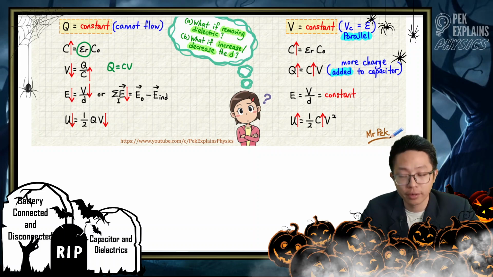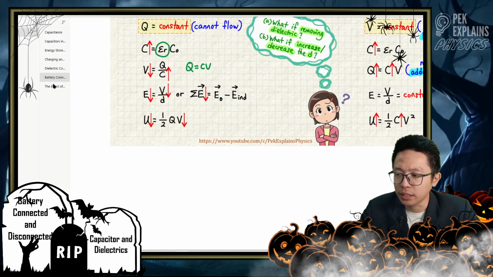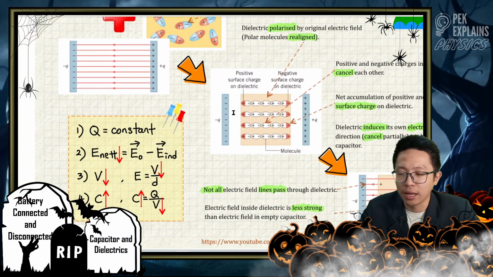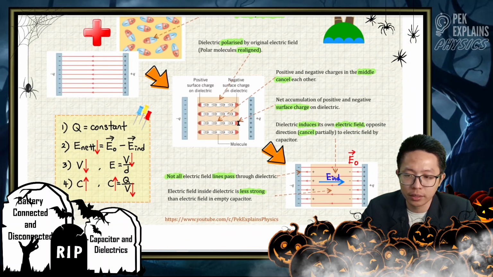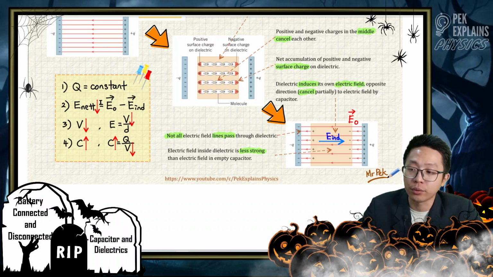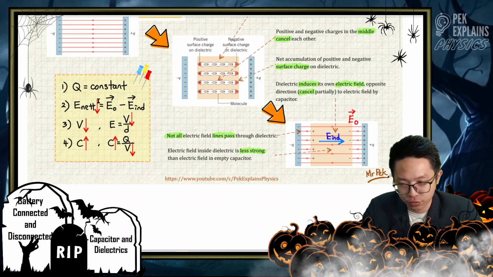And also, you already learned in the earlier videos about the effect of a dielectric. You still remember the effect of a dielectric? If you put a dielectric in between the capacitor plates, this dielectric will induce an opposite direction electric field. So this opposite electric field will cancel the original electric field, and the net electric field will decrease. So the V also decreases. This is another way to explain the changes to electric field strength.